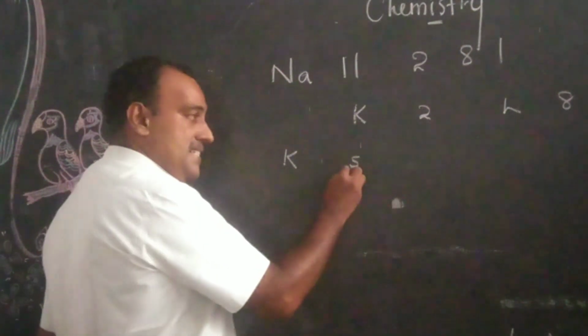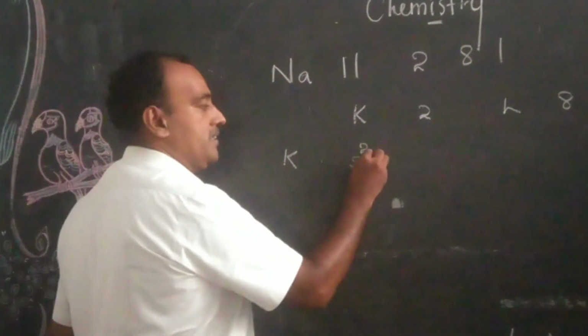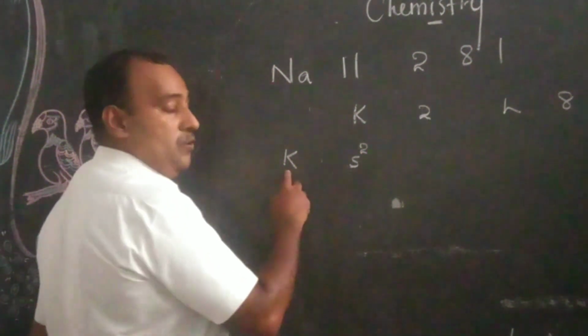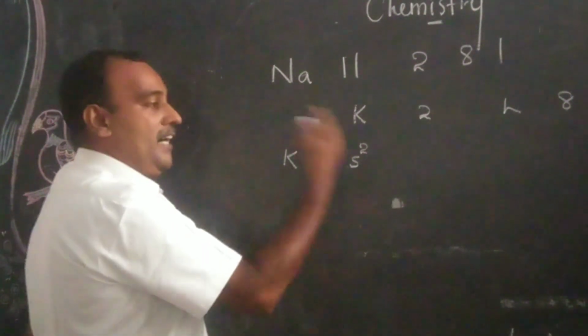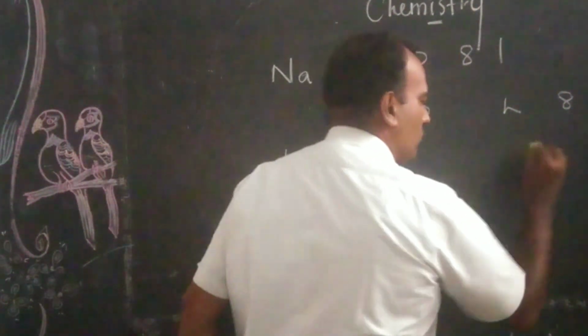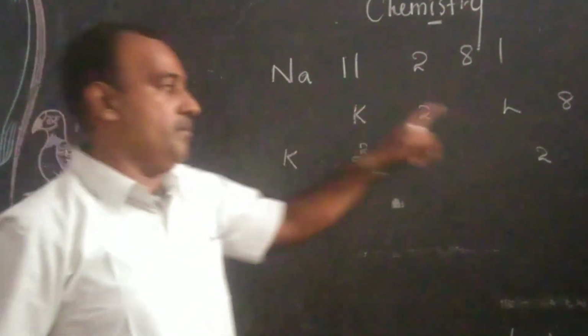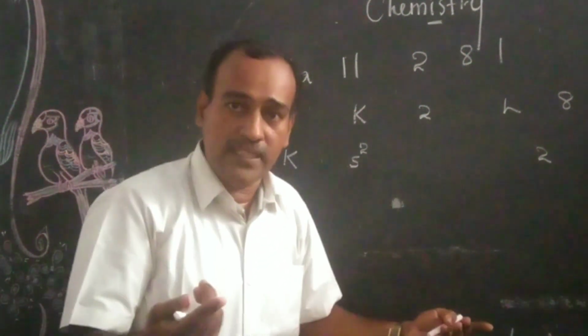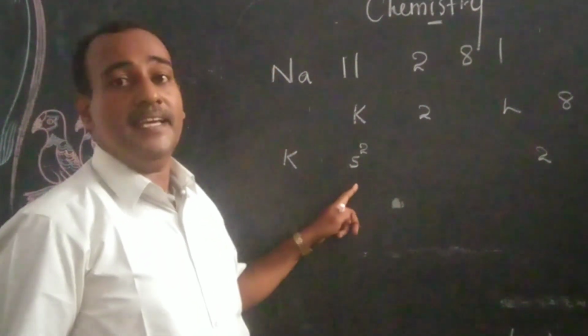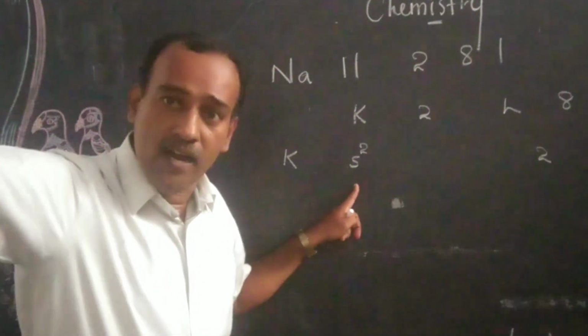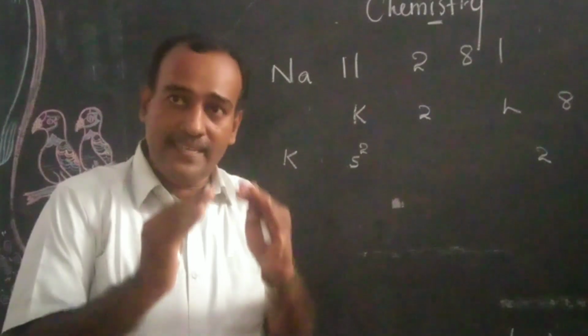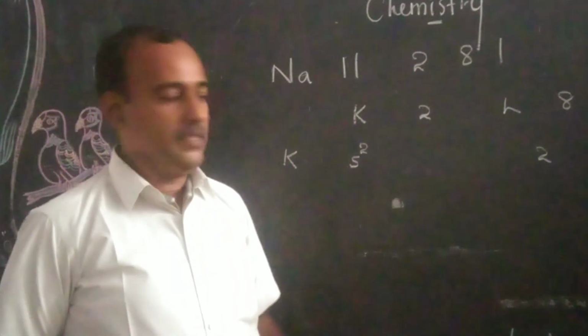This s can accommodate 2 electrons, so the K shell can accommodate 2 electrons, present in the s orbital or s subshell.